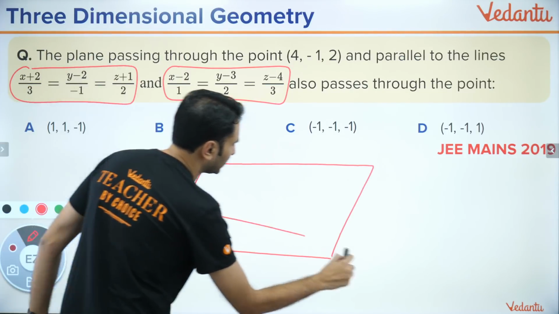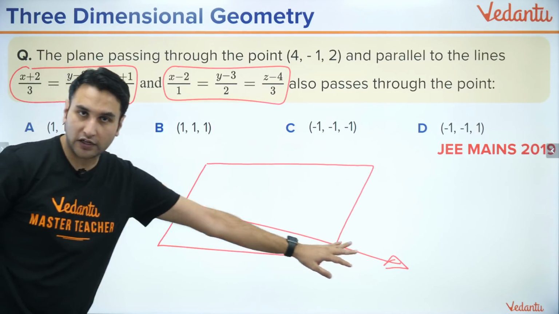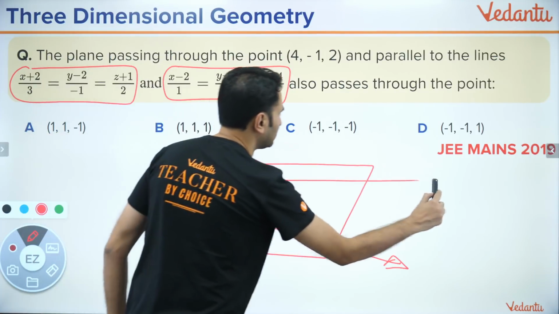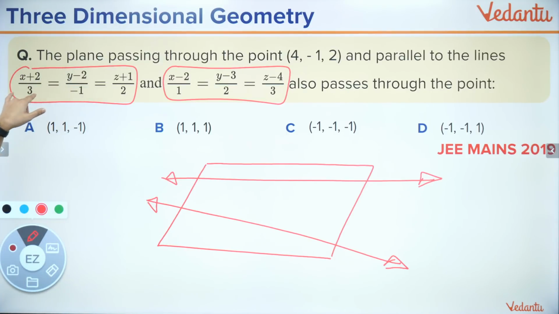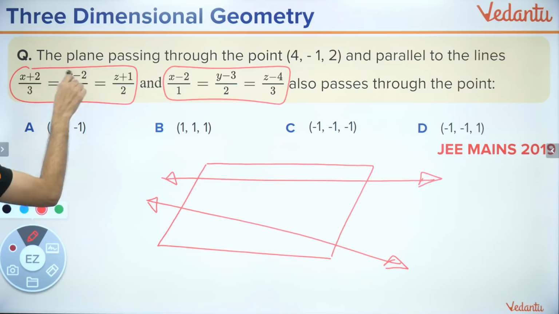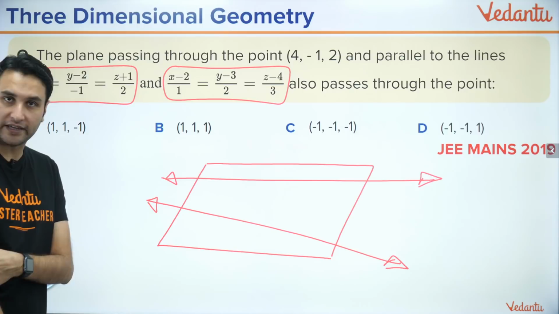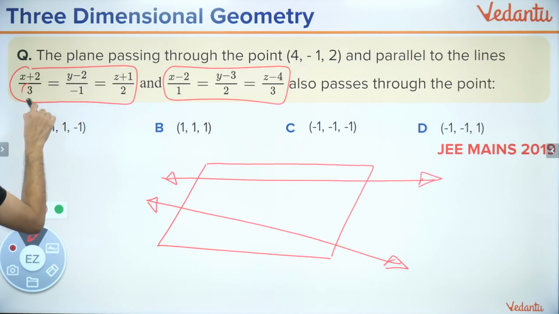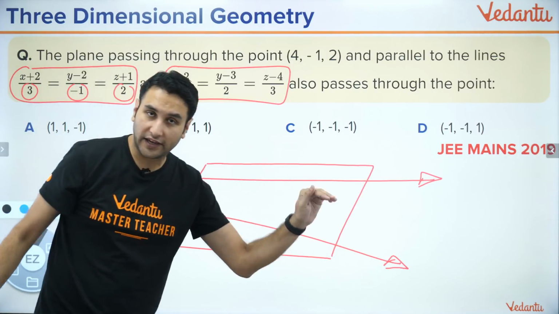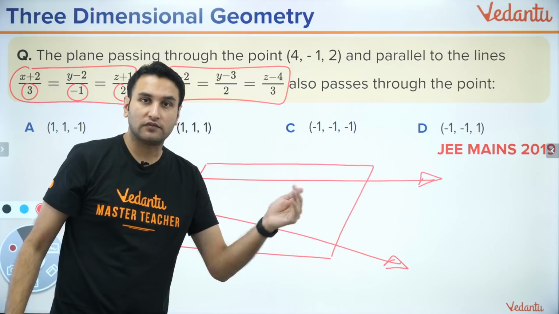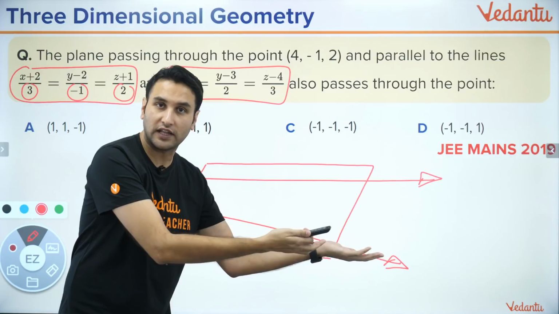मतलब imagine करो एक line है. So my plane is parallel to this line and my plane is also parallel to this line. ठीक है? So what all do you know? You know that these are the points which lie on the lines, but important is this direction. बच्चों, this direction of the line is actually a vector which lies on the plane because the plane is parallel to the given line.